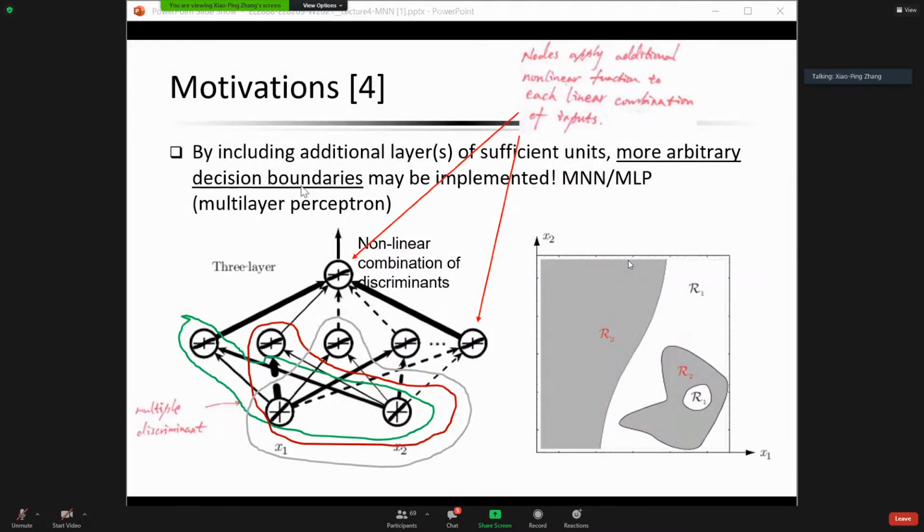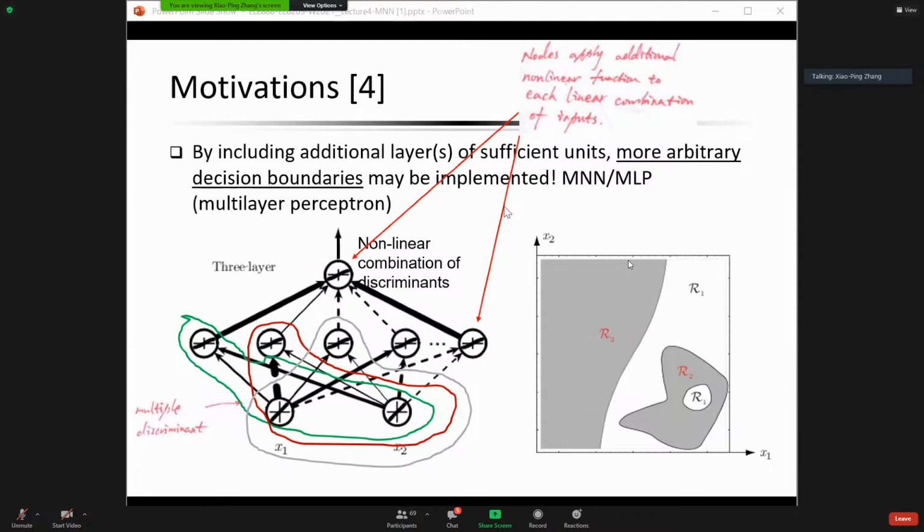If we have a nonlinear combination, with additional layers, if you use 2 layers we can have this L shape. We already showed that we can construct the L shape, and using that element you can approximate a complex boundary.